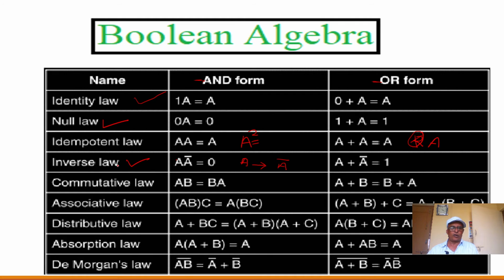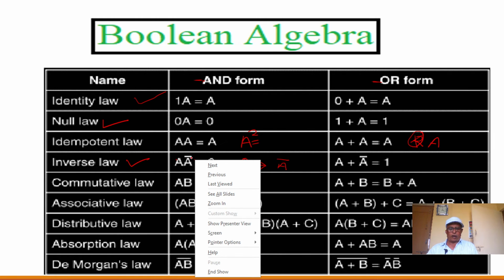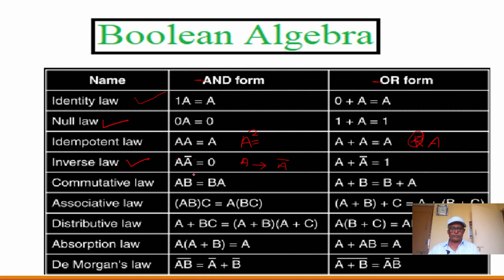So if A is 1, naturally A bar is 0. Or if A is 0, A bar is 1. Means in any case, the product will be 0.